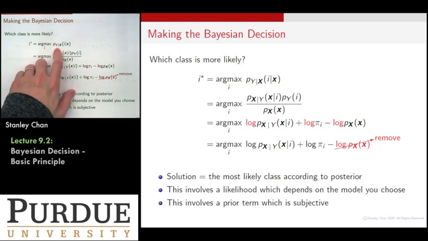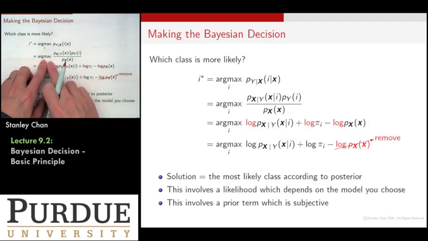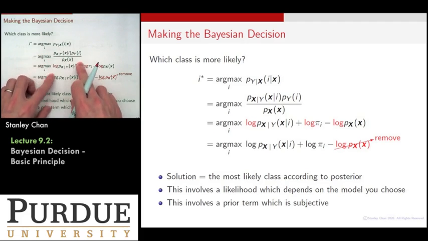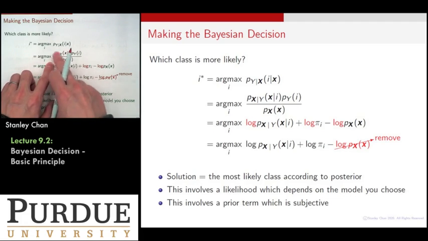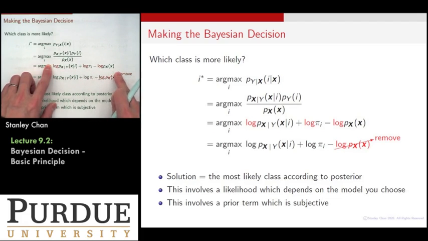If we adopt this principle, then I can rewrite the posterior distribution as the product of the likelihood and the prior, over the total probability. Now, since you're doing the argmax operation, maximizing with respect to i, I can do a small trick by turning this ratio into a sum of logs.